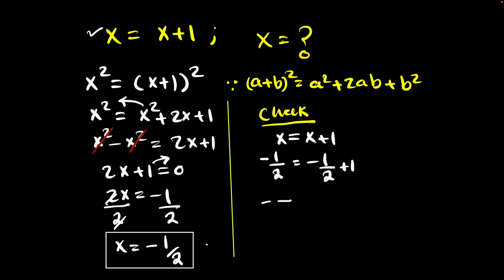So minus 1 over 2, I'm going to write itself, and minus 1 over 2, and instead of 1 I'm going to write 2 over 2.